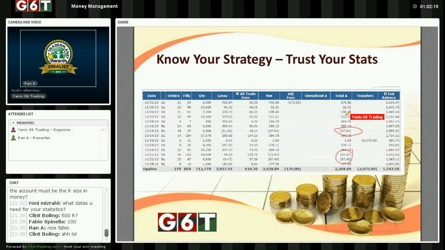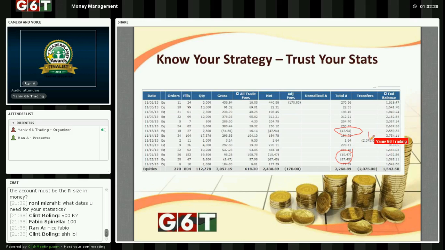Okay, and look at the winning days. 70, 200, 300, 200, 250, 480. I will tell you two things here. One, amazing batting average on the days. It means that he lost 3 days out of, I don't know how many days are here, I didn't count, but it looks great. It looks fantastic.